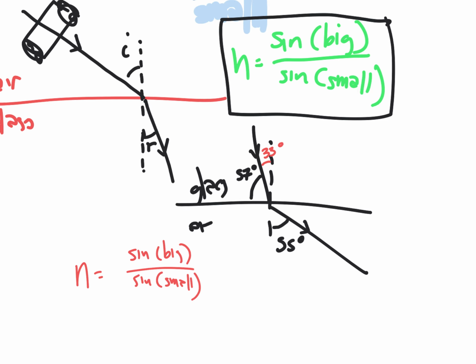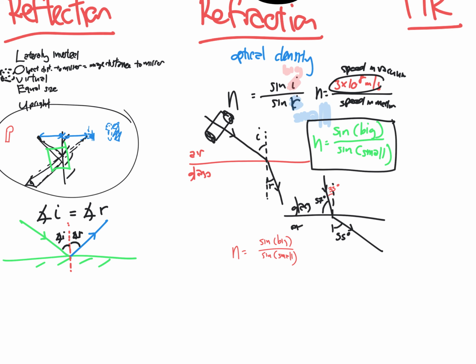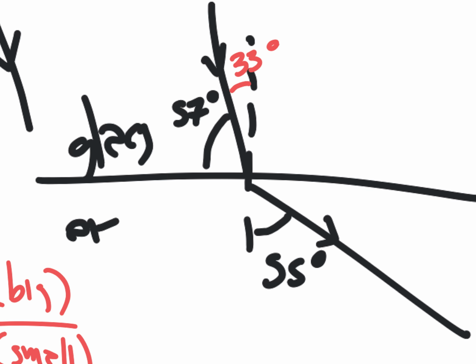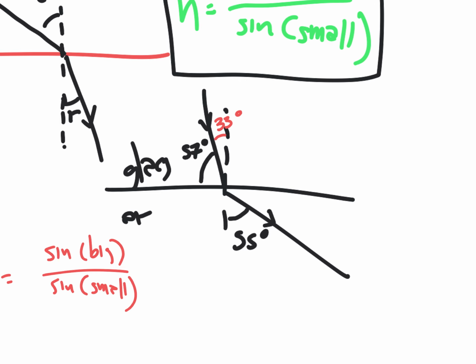Can you see that? I hope you all could see how this is a very tricky question, because like I said before, it's always about where is the angle. In this case, 57 is not the angle I'm concerned with. If I want to use sine I over sine R, or sine big over sine small, it must be to the normal. So then I realize this is the big angle, this is the small angle.